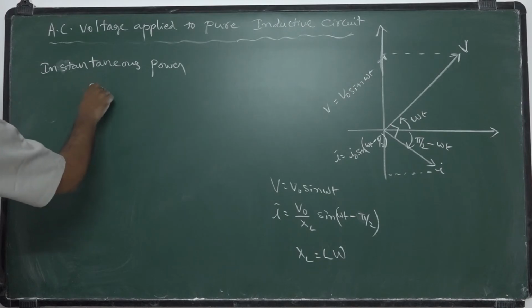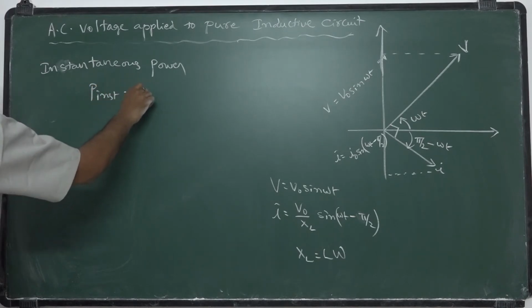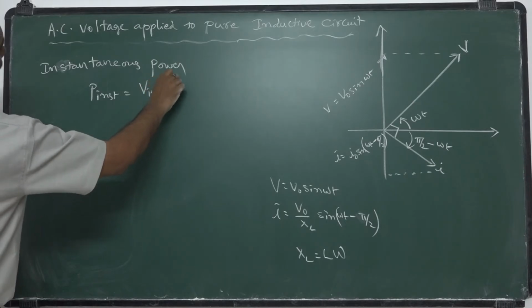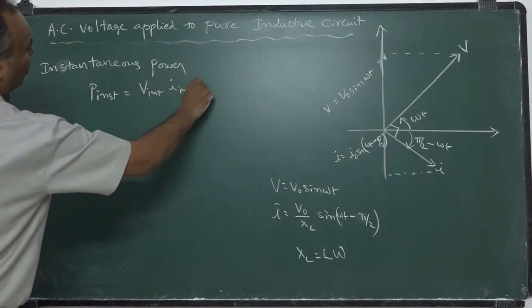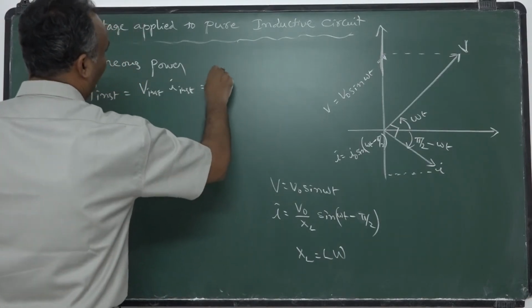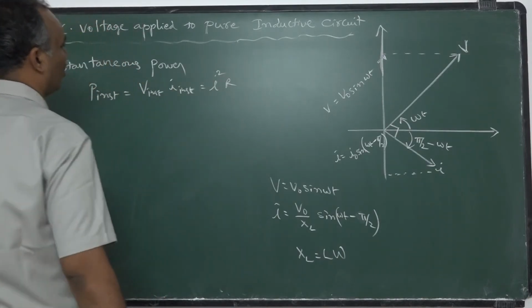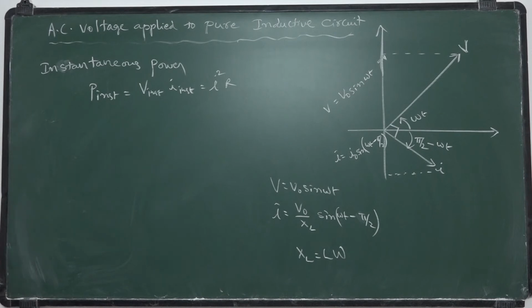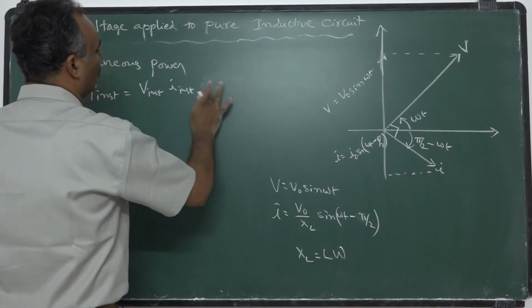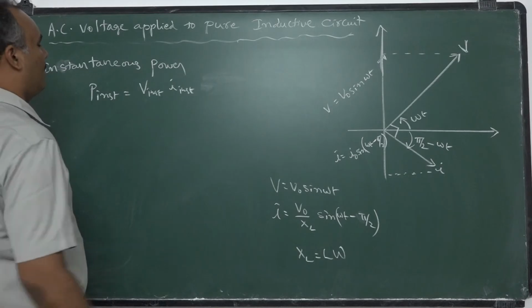Instantaneous power is given by V instantaneous into I instantaneous. Otherwise, you can write I square R. But here resistance is not available, so that's why we won't prefer this formula. We prefer this formula only.